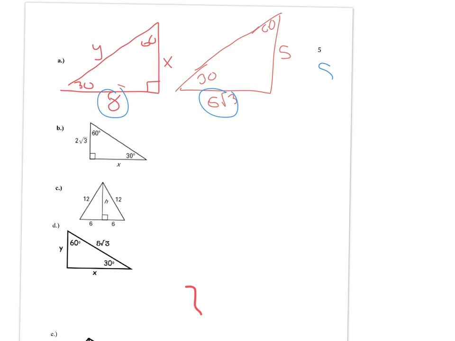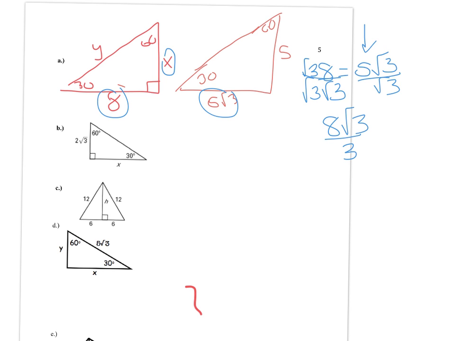So I need to set 8 equal to S times the square root of 3. And this will give me the shorter side, which is what X is, which is what I'm looking for. So I've got to divide both sides by the square root of 3. I've got to rationalize the denominator and get 8 radical 3 over 3. And that is X for A.